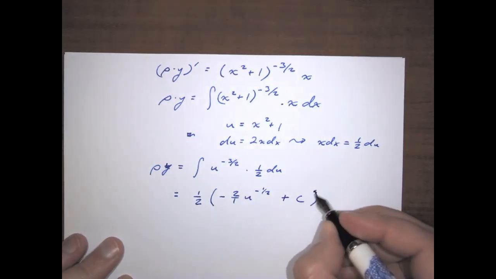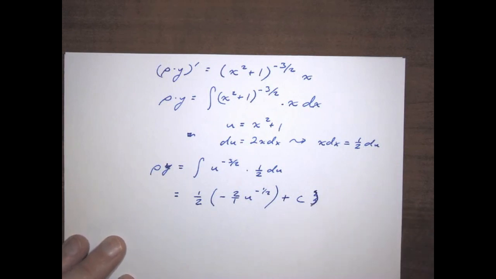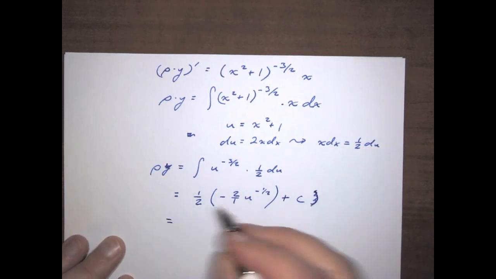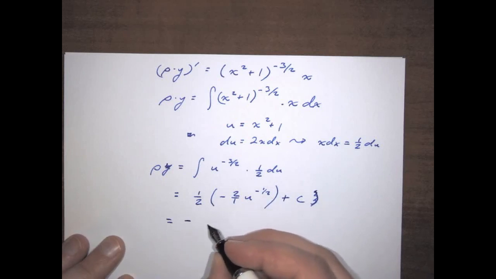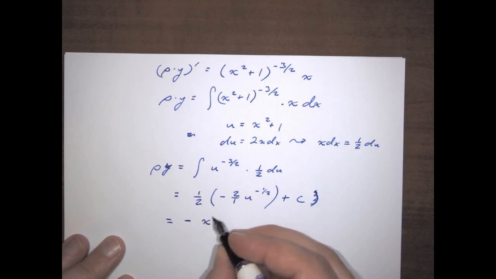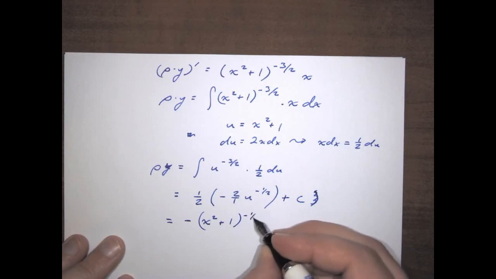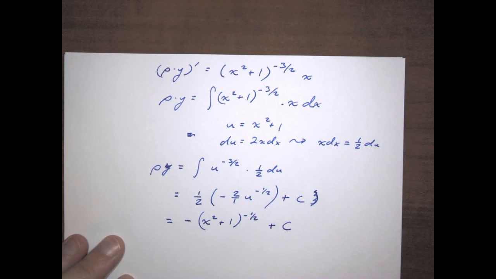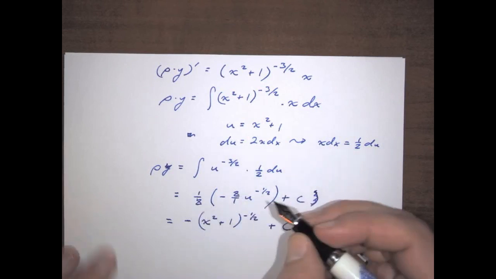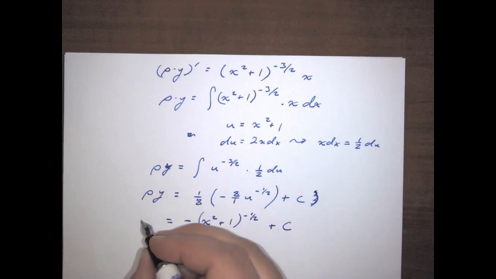Or actually, I guess really plus c right there. And then those cancel a little bit, and we remember what the u actually is, so we're going to have a negative, and then here this is x squared plus 1 to the negative 1/2 plus c. And that's what rho y is equal to.